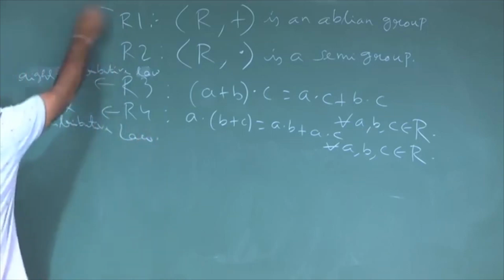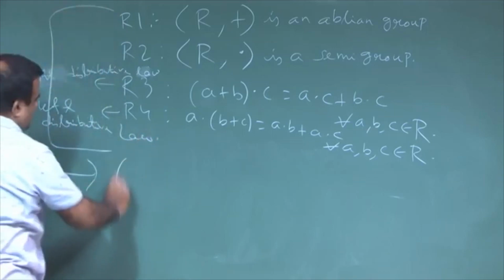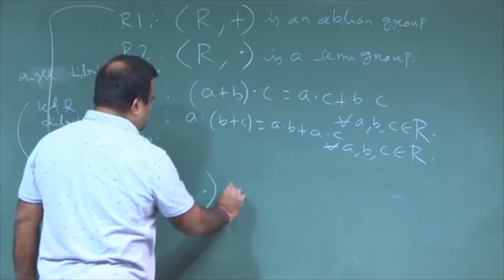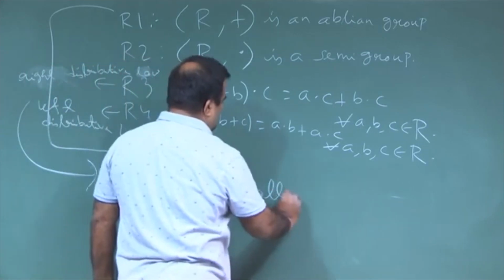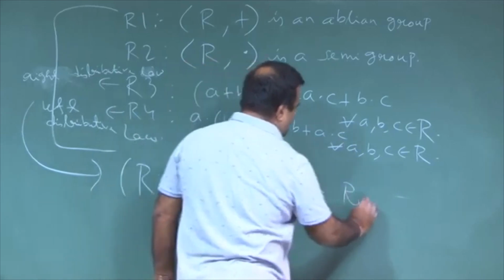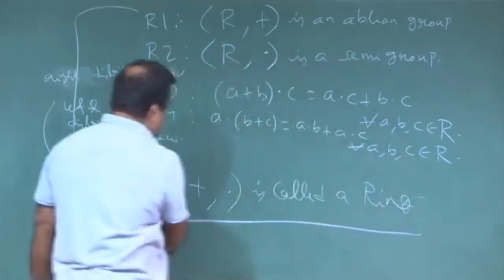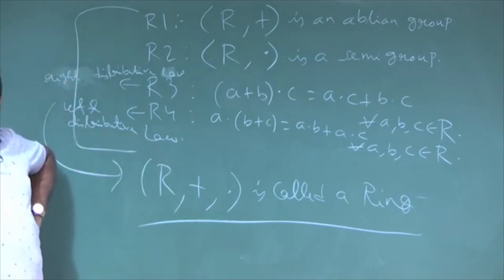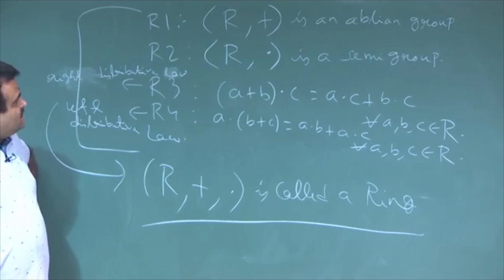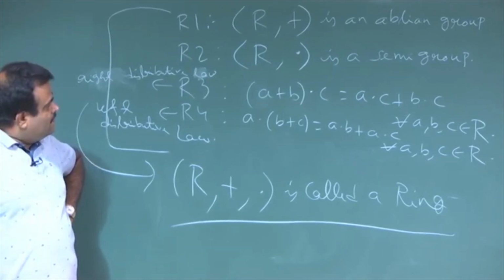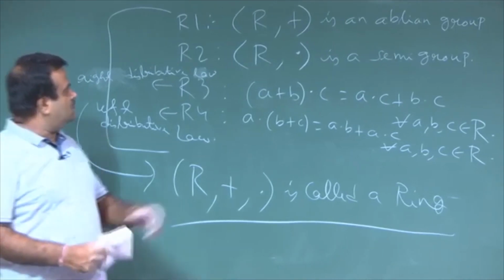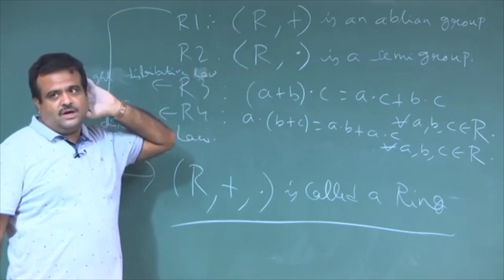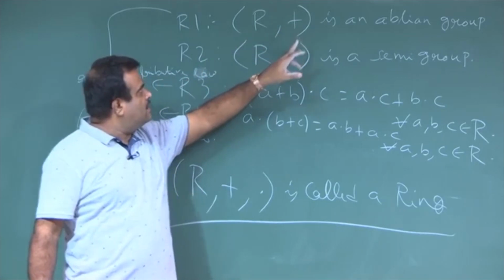Now, if these properties are satisfied by a set R along with these two operators, then this algebraic structure is called a ring. So first of all, this set R has to be an abelian group under the operator plus.